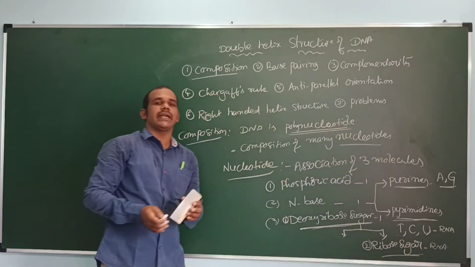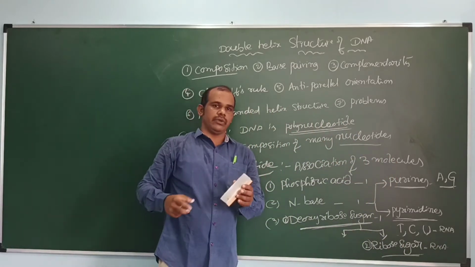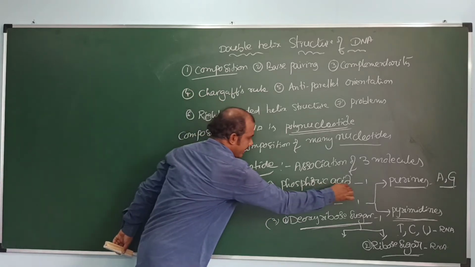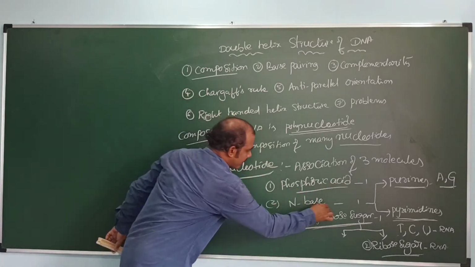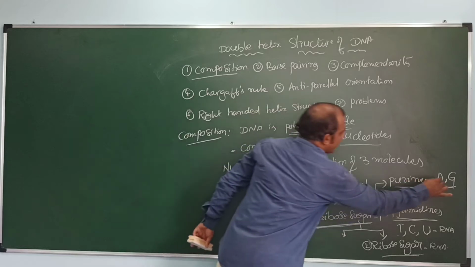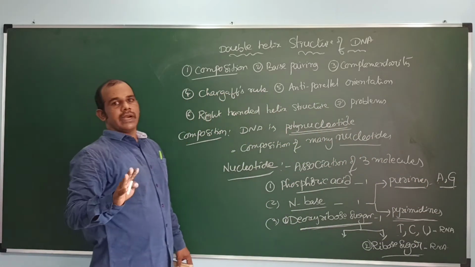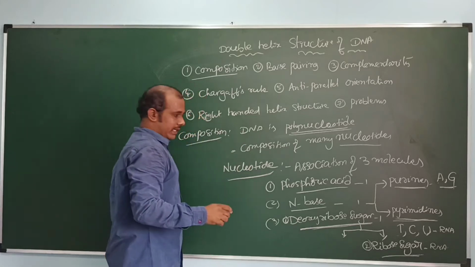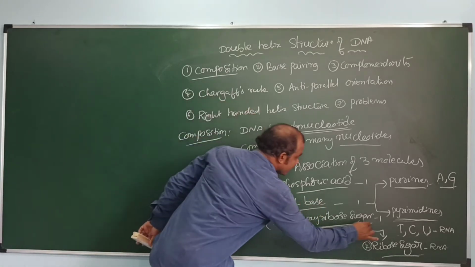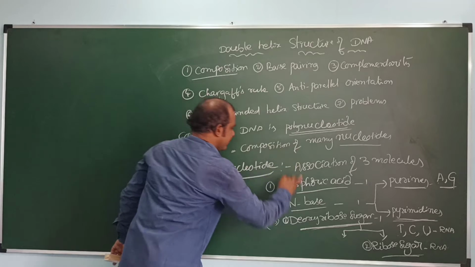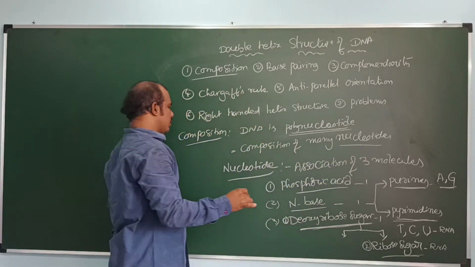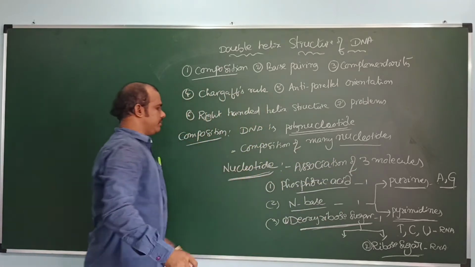Thus, the nucleotide is made up of three molecules, that is one phosphoric acid, any one nitrogen base of adenine, guanine, thymine, cytosine, and deoxyribose sugar. These three molecules together are known as nucleotide.